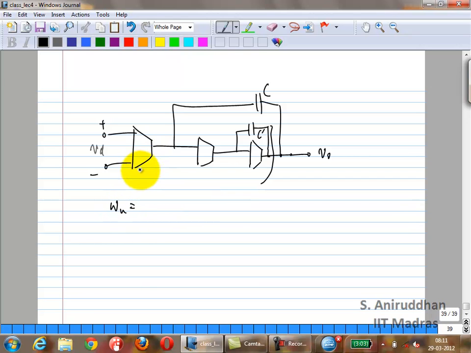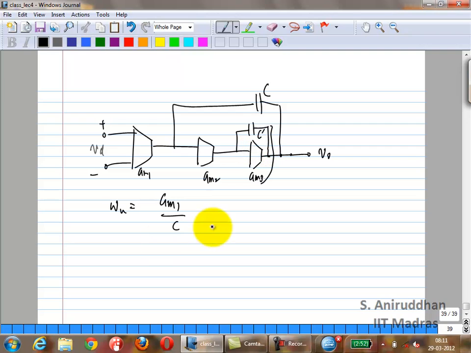So we want, I'll call this GM1, GM2, GM3. What is omega U? We just said it, it's GM1 over C. Omega U is GM1 over C. This is C, this is C prime.